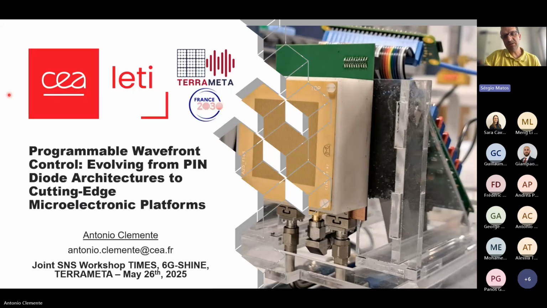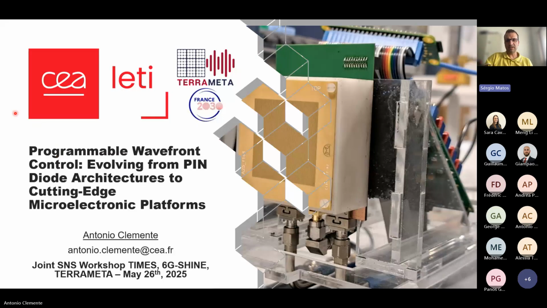TERRAMETA is a project that focuses a lot on developing new hardware solutions for terahertz, which is, as you know, a big challenge. So the first presenter is Antonio Clemente.